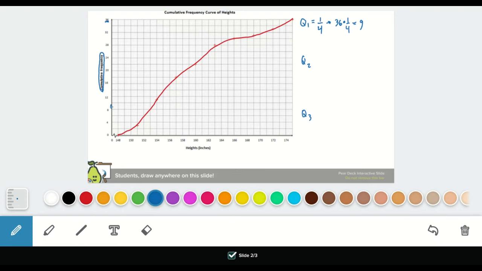With 9 people, I end up right there. So this is Q1 here. My first quarter is around 153.5. So my Q1 value is 153.5, and it's centimeters because it's height. Or sorry, this is inches. That should be centimeters. Wow, some tall people.